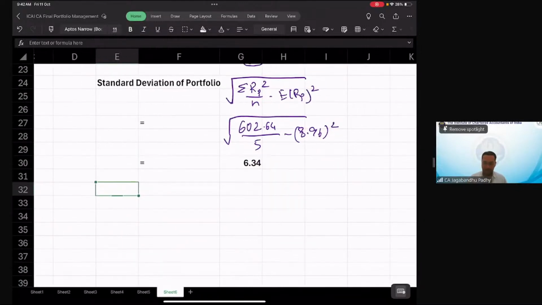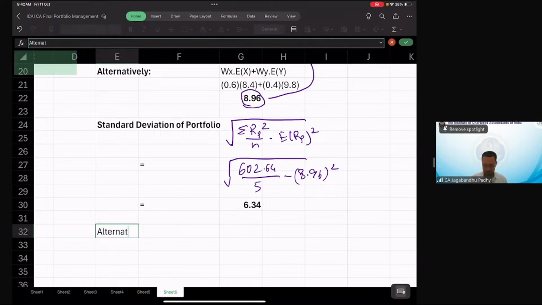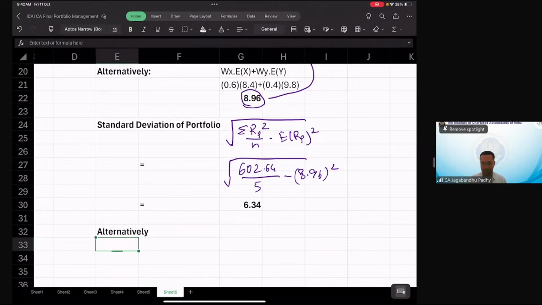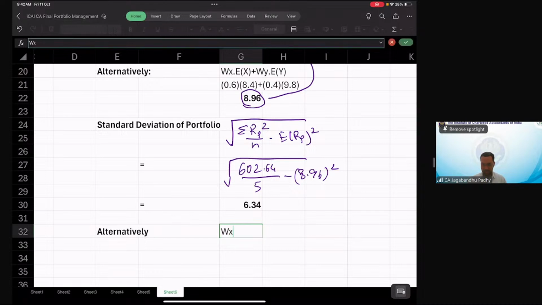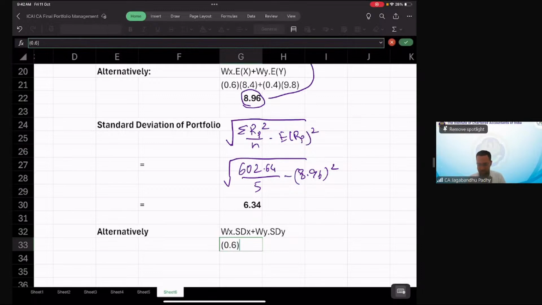Now, let's check the other method. Alternatively, can we apply this? Weight of x into standard deviation of x plus weight of y into standard deviation of y. So this would be 0.6 into standard deviation of x.